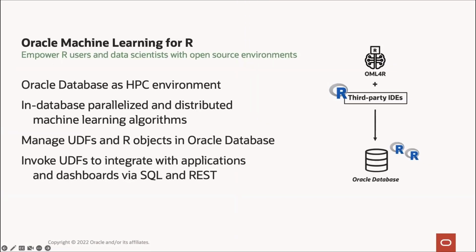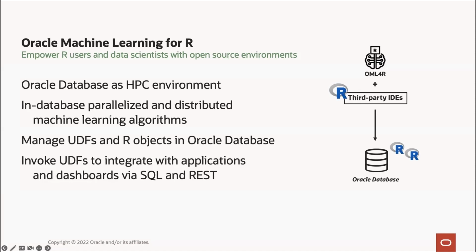So let's start with an overview of Oracle Machine Learning for R before we go ahead and dive into embedded R execution. So with OML4R, the Oracle database works as the high-performance compute environment to create and predict using user-created machine learning models.